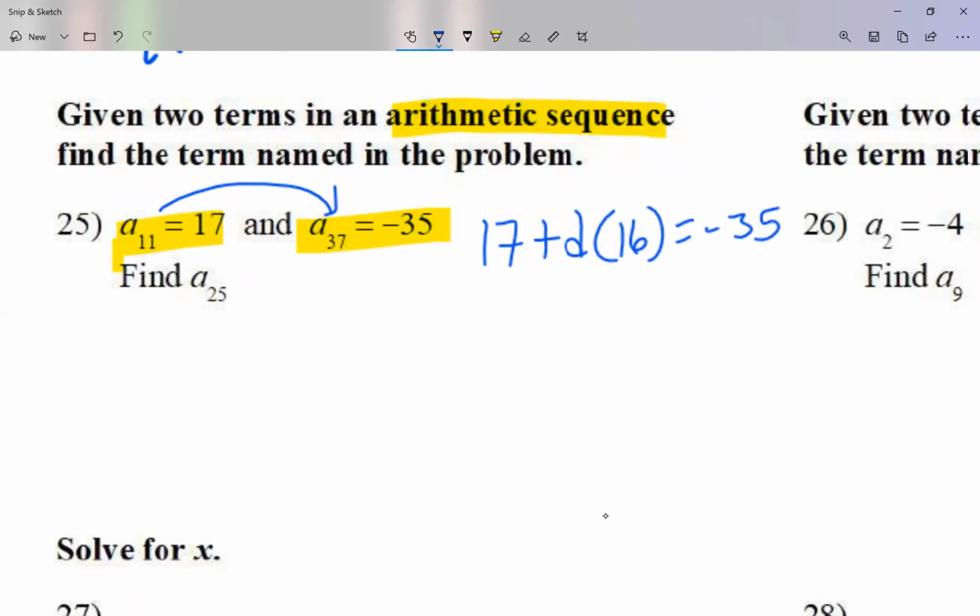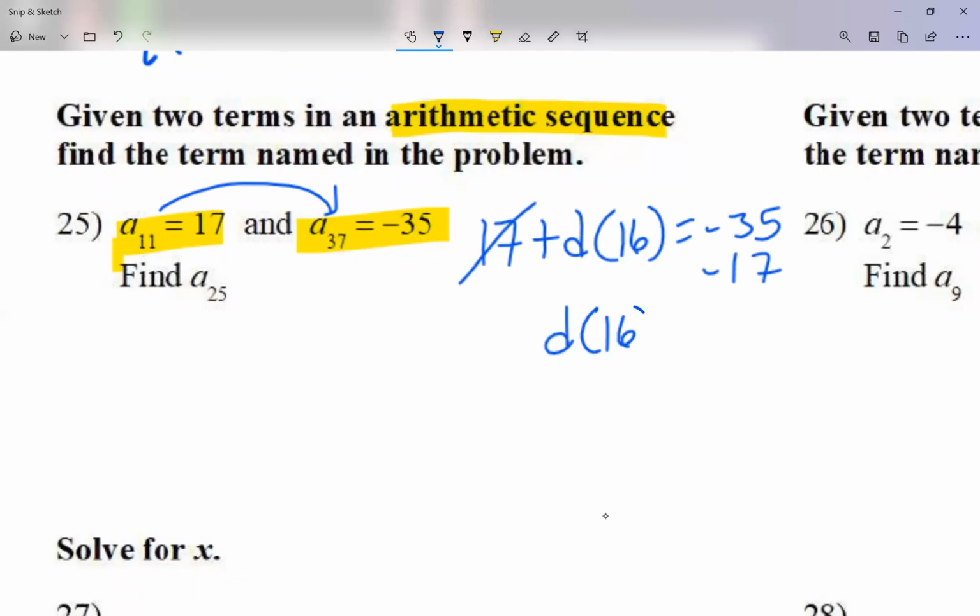-35. Gotta solve for D. All right, let me subtract 17. So D times 16 is equal to negative, let's see, what's that, 35, 52. So 17 plus, oh, actually, it's 26 times, right?